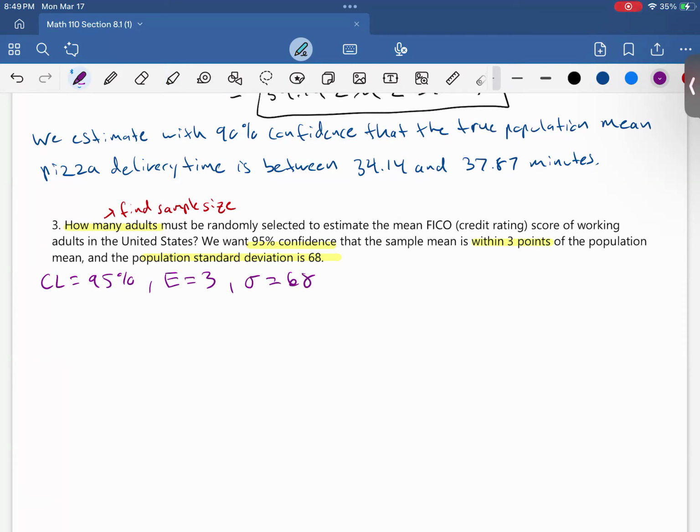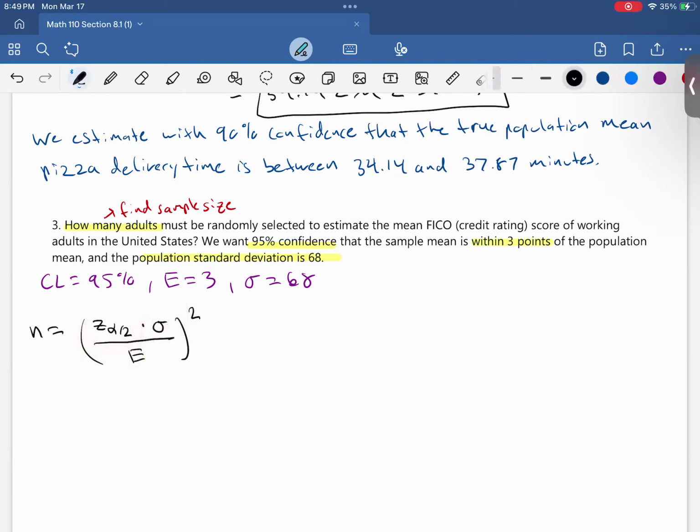Okay, so recall that the sample size formula is our critical value for our confidence level times the population standard deviation divided by our error, and that is all squared. So we have our population standard deviation, we have our error, but we're missing our critical value.